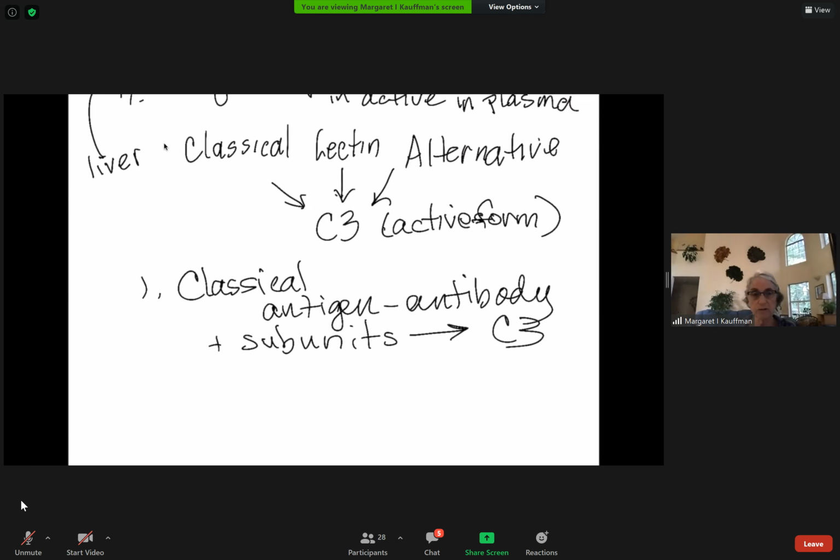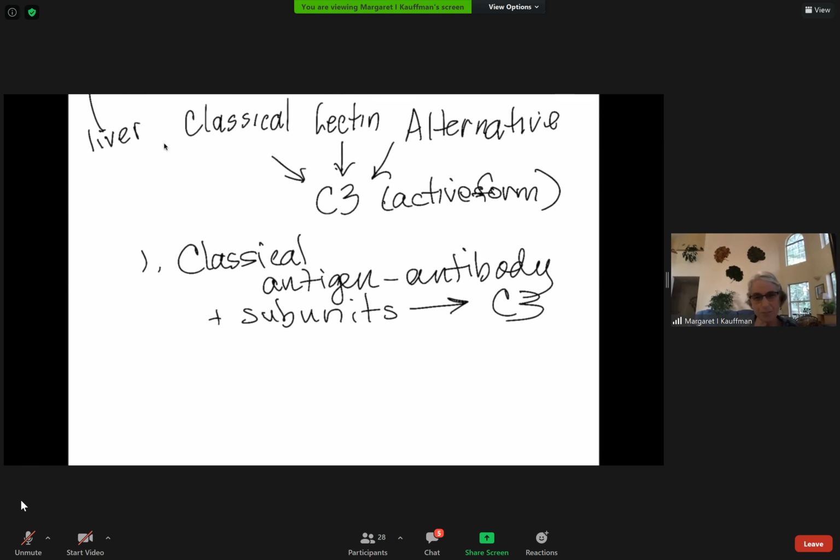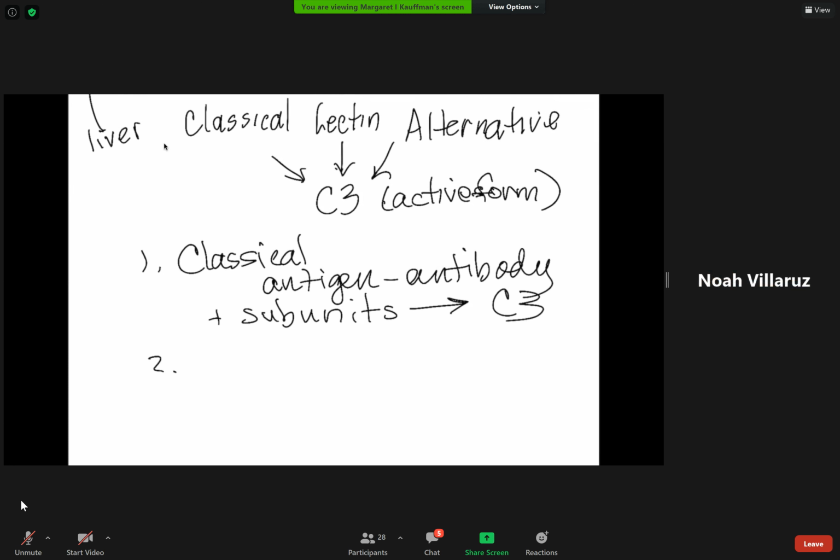You need some of those subunits. Again, we don't need to know which ones. They are given in the book, but we don't need to know which ones. Okay, what's the next one you want? One more thing I wanted to add for classical is that it performs best in secondary infections or late in the primary infection.